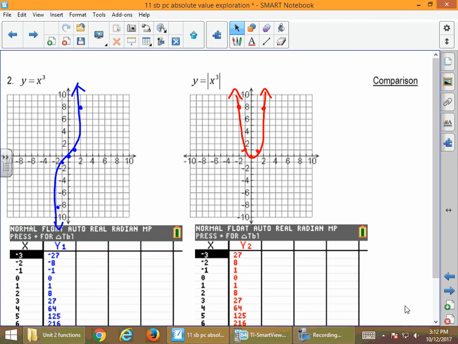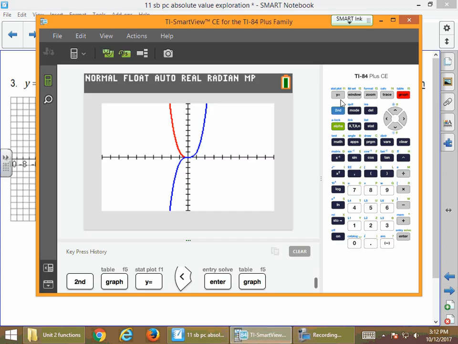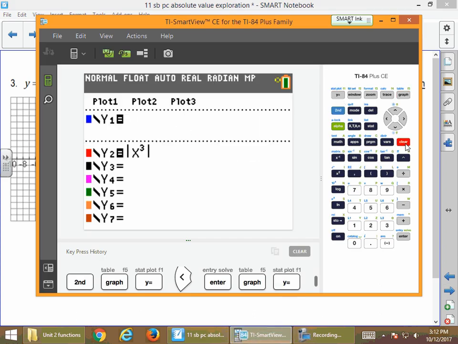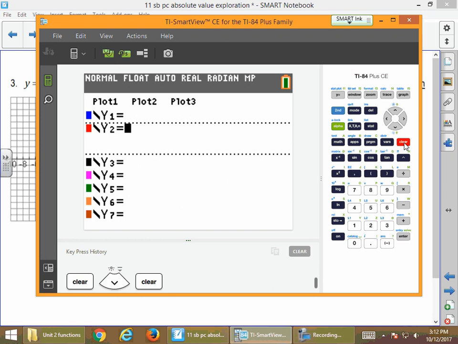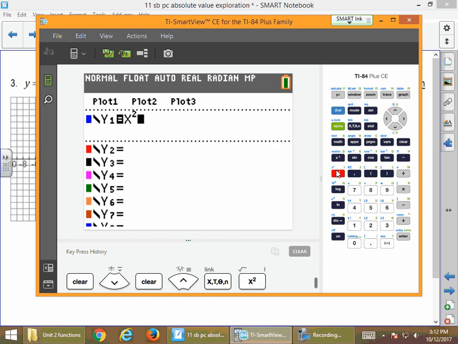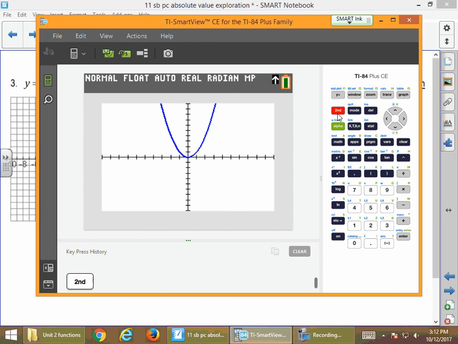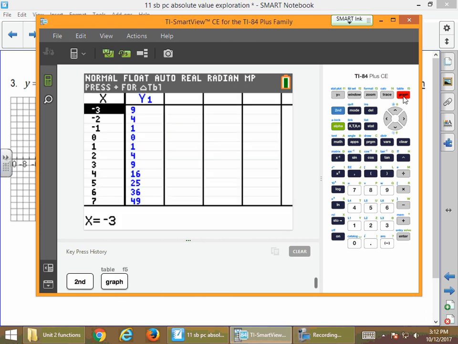Let's try another one. So we have to flip our page over. y equals x squared. Again, we're familiar with that graph, and we should be able to graph it without too much trouble. But let's clear those out and type in y equals x squared. And we can look at our picture. Again, we know what those values are, but let's look at the table as well for comparison purposes.